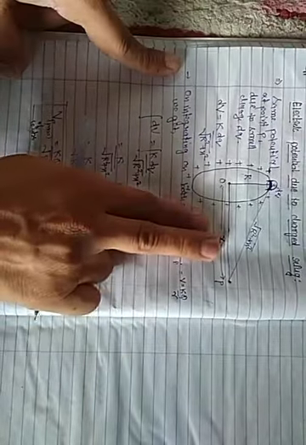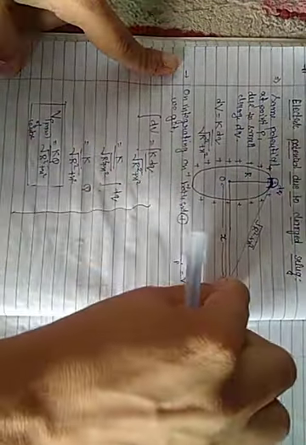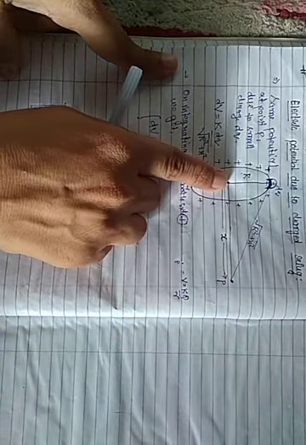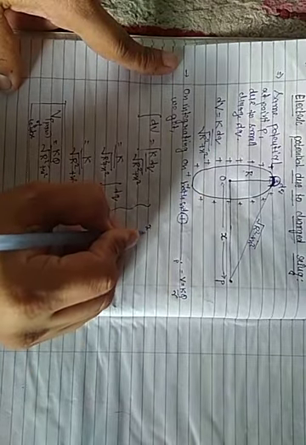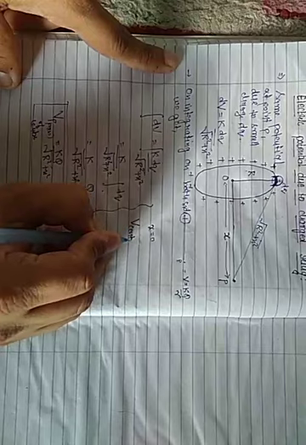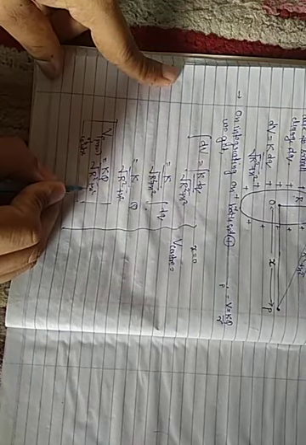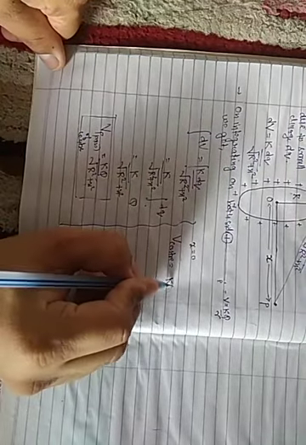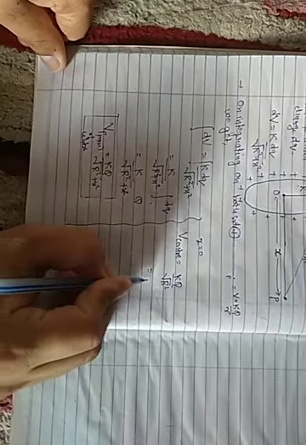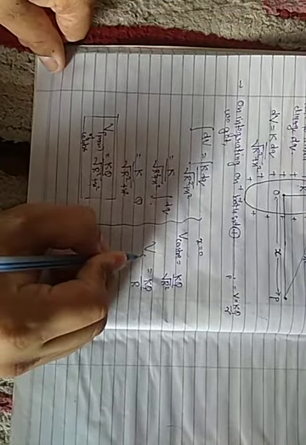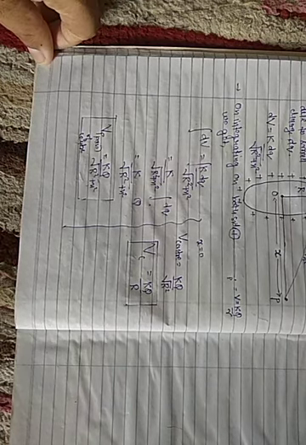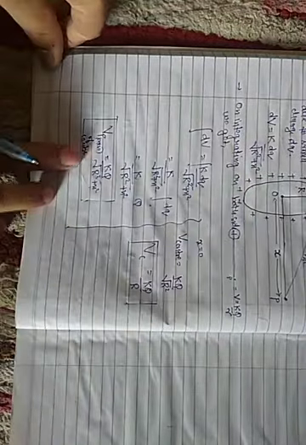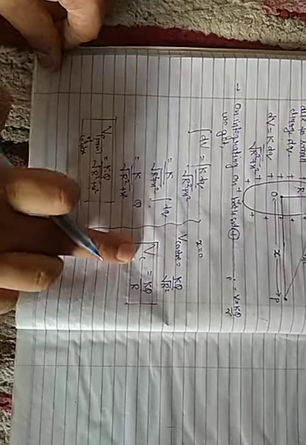Suppose x becomes 0, which means the point is at the center. Putting x equal to 0 in the formula gives kq under root r square, which simplifies to kq by r. This is the potential at the center.